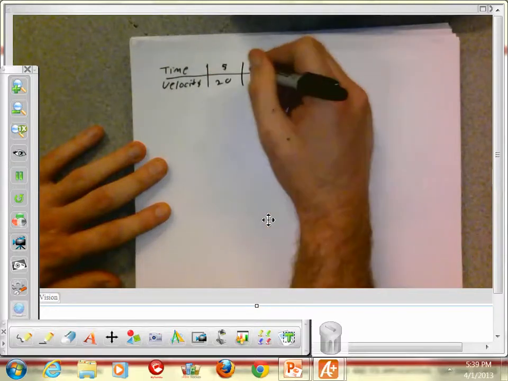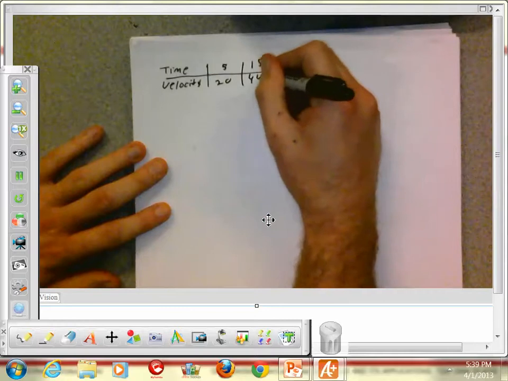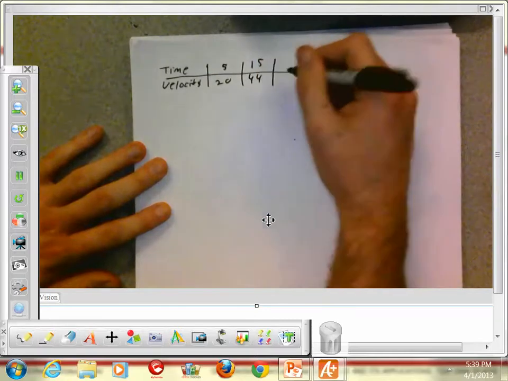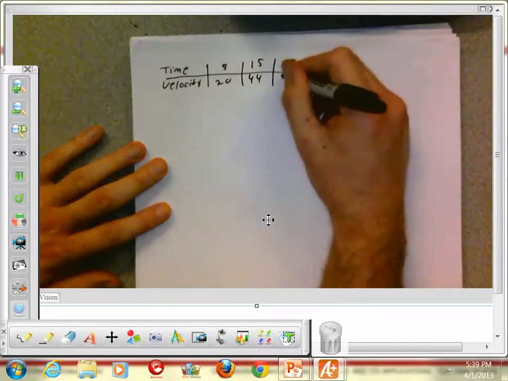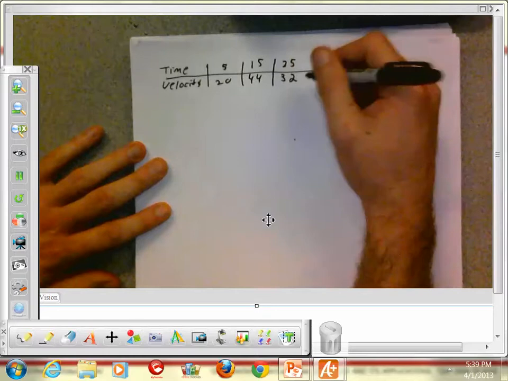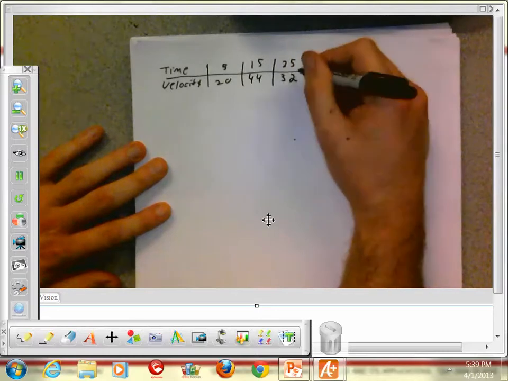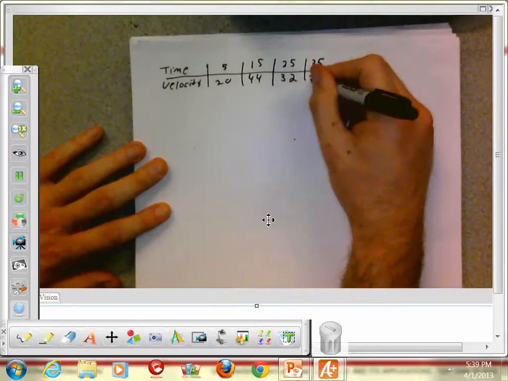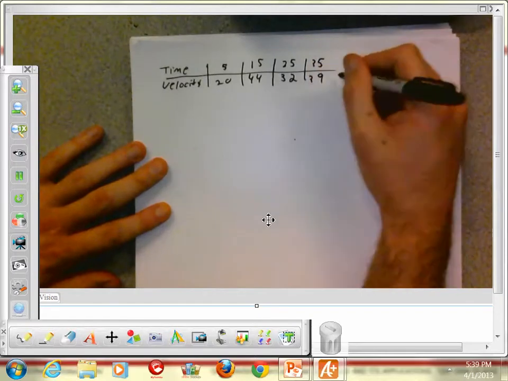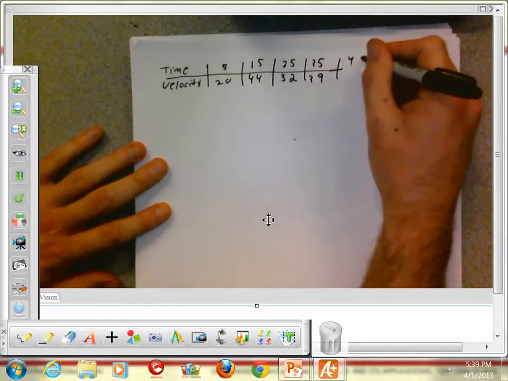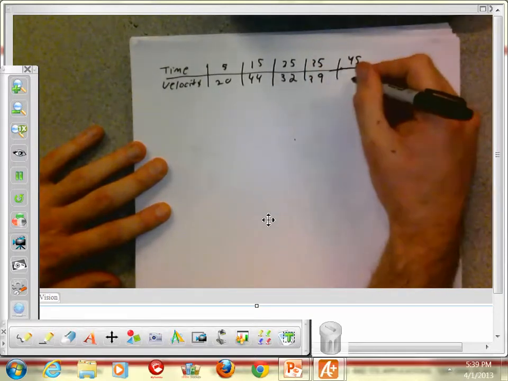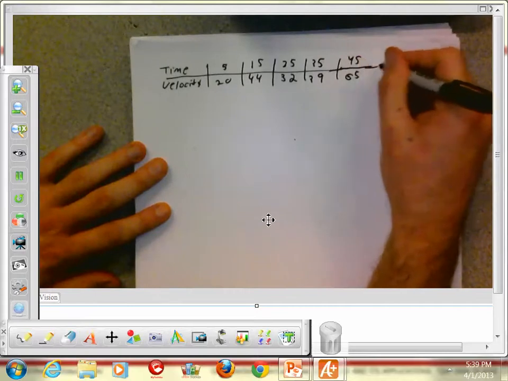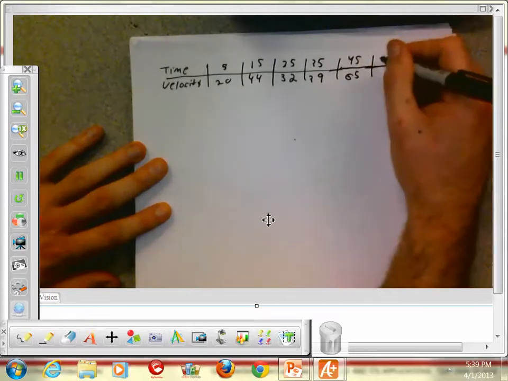Then we had 15 and 44. Then we had 25 and 32. Then we had 35 and 39. Then we had 45 and 65. And then we had 55 and 80.